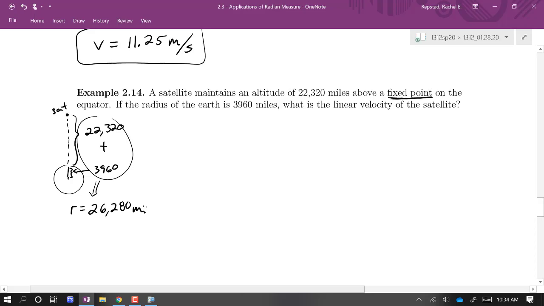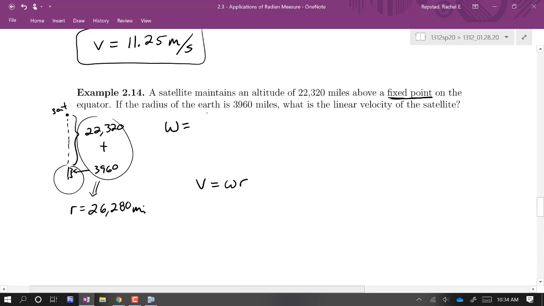So we have the radius. Great. V equals omega r. We know 26,280 goes in for the radius. What about omega? How fast does the Earth rotate on its axis? That's every 24 hours. Yeah, a full revolution every 24 hours.